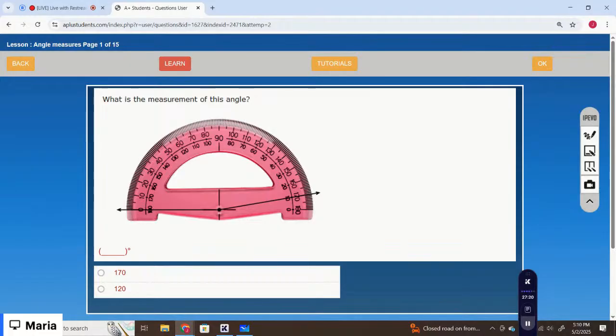So you have to line up the protractor with one of the lines that matches with a zero, and with the other line you have to measure the angle. So we have to measure the angle on the outside ring because one of the lines is matched up with a zero. So that is 170 degrees. Option number one is the correct option.